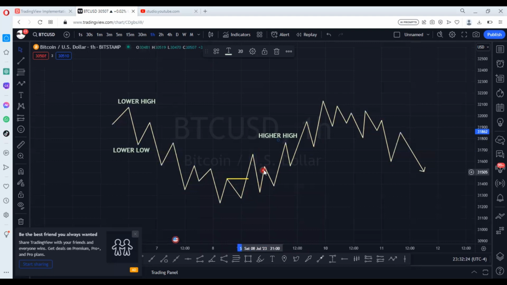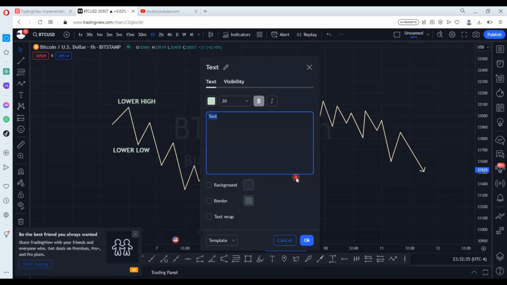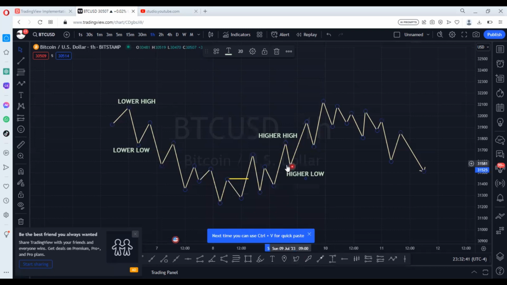Third, we have to see it take out this high again. So here becomes higher high, and here becomes higher low. Higher high, higher low, higher high, higher low.